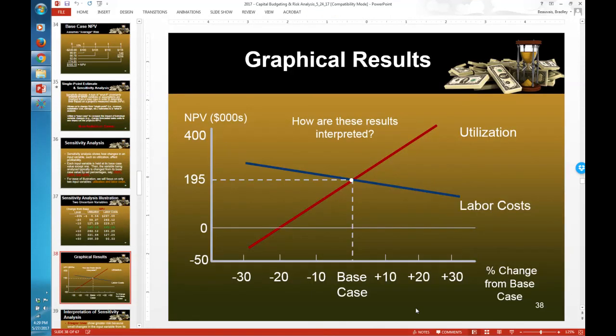Then I can graph it, and this is where the visual representation can do us a lot of good, because the steeper line on this graph tells you that our net present value is more sensitive to that particular input variable. These are just two of the variables.